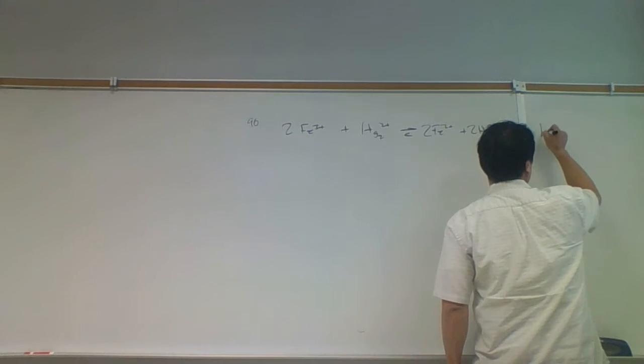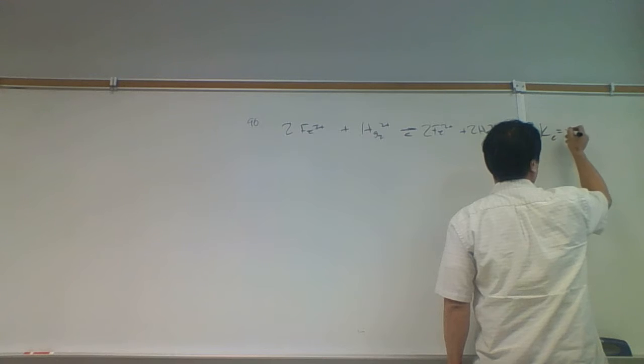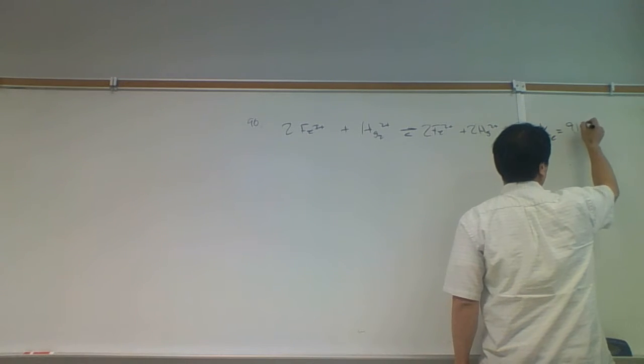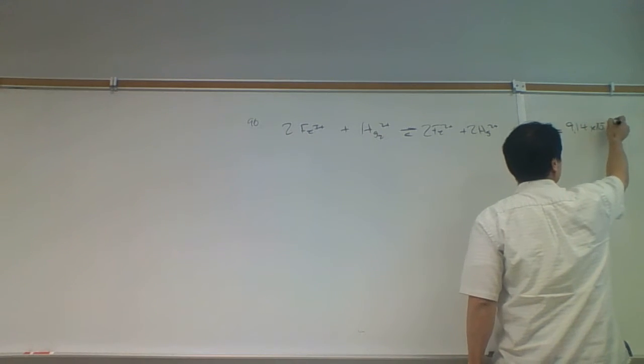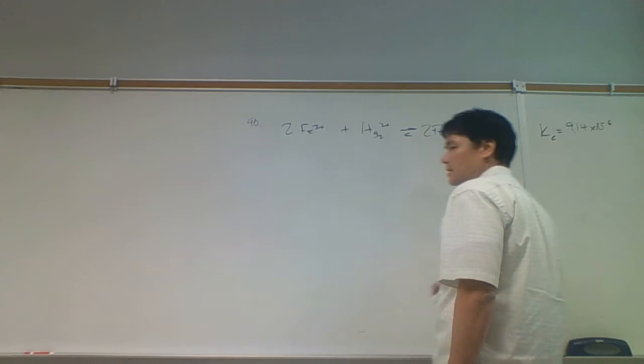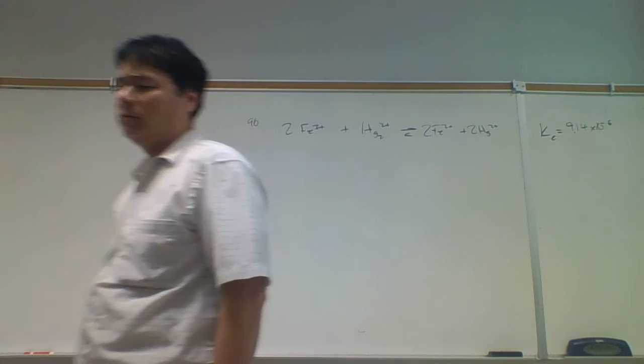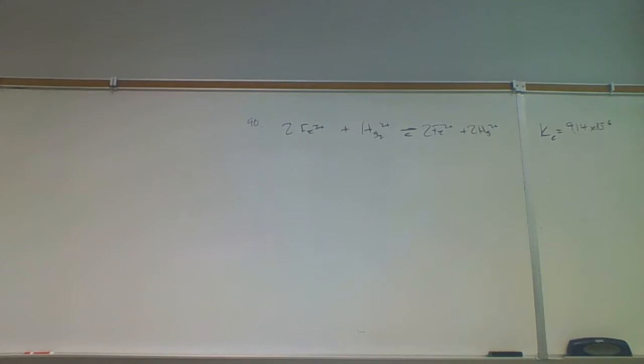I always look at the K value, the magnitude of the K. Kc is equal to 9.14 times 10 to the minus 6. 10 to the minus 6 tells me that we bias towards the reactants. Minus 6 would be a very small ratio, so it biases towards reactants.